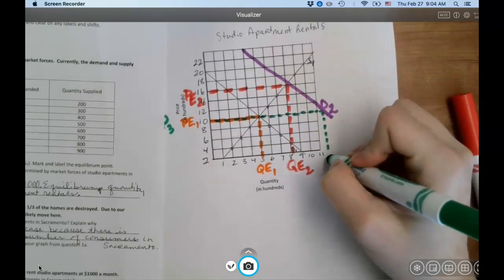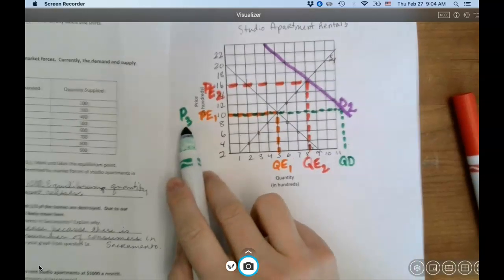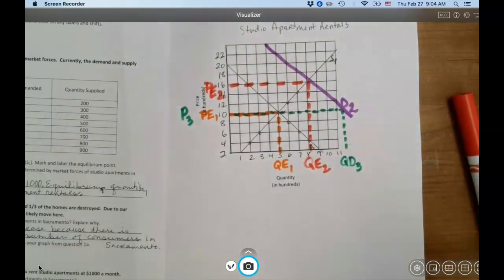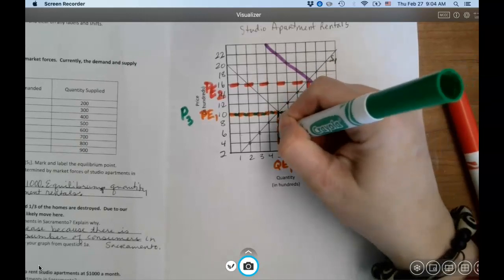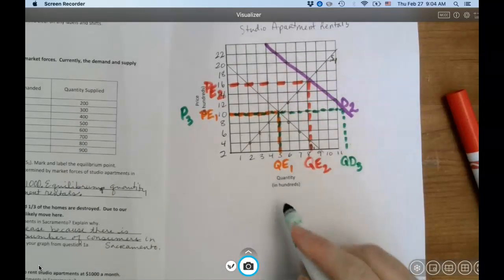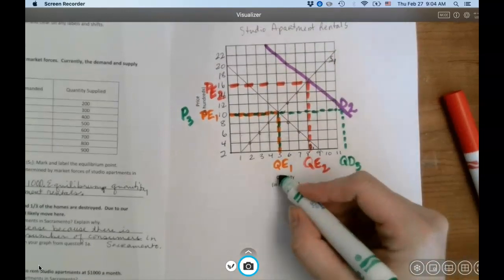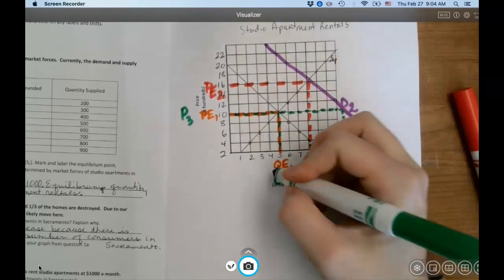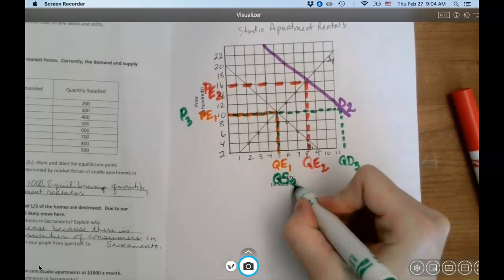So I'm going to call this quantity demanded, match it with my number. And here is where it touches the supply curve. But again, it's not equilibrium right now because equilibrium's up here now. So I'm going to call this quantity supplied, match the number.